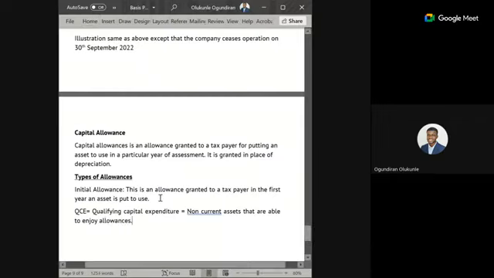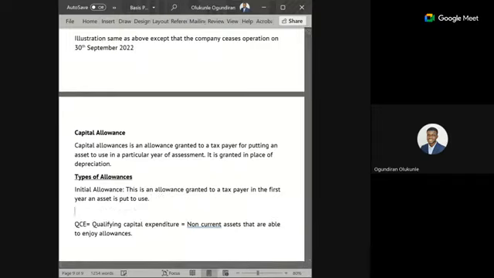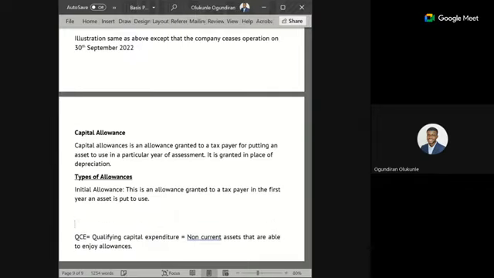So the first thing is it must be non-current, in that it must exceed 1 year, basically. So it must be an asset that will span more than 1 year.